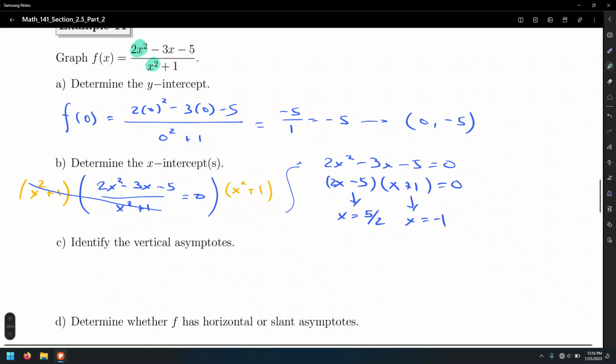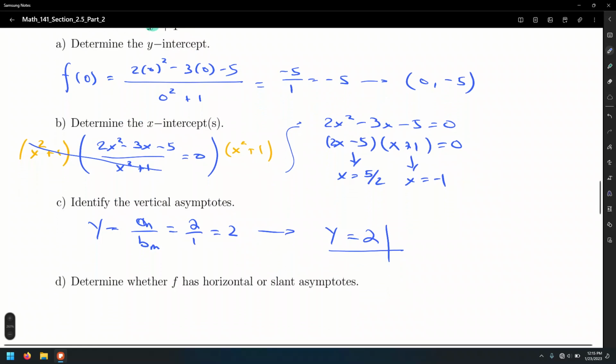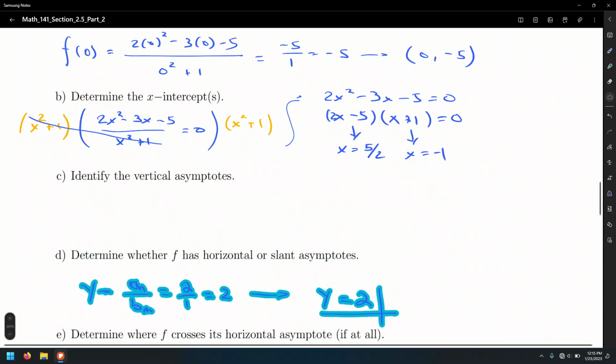So in this situation, all we do is y equals a_n over b_m, and just identify the numbers, 2 over 1. That equals 2. So we have a horizontal asymptote of the form y equals 2. All right, let's see what's next. The next part is to determine whether f has horizontal or slant. Wait a minute. No, that was supposed to be the vertical asymptote. That one goes here.